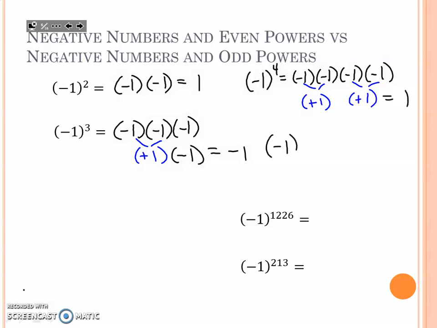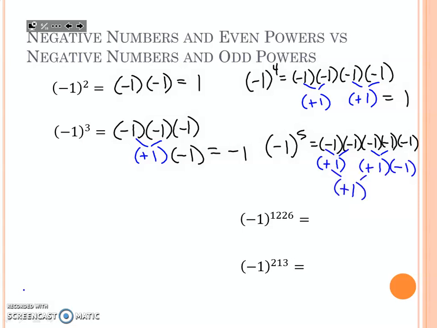If I did negative 1 to the 5th, sorry, negative 1, negative 1, negative 1, negative 1, negative 1, positive 1, positive 1, negative 1. Okay, well, those two positives would make a positive, right? But I always still have that one negative hanging over.